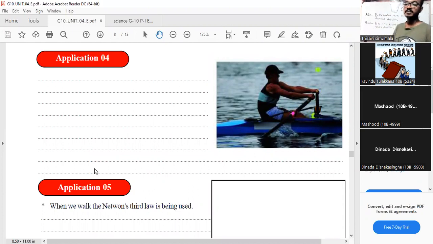So the reaction by the water on the oar to the forward direction.